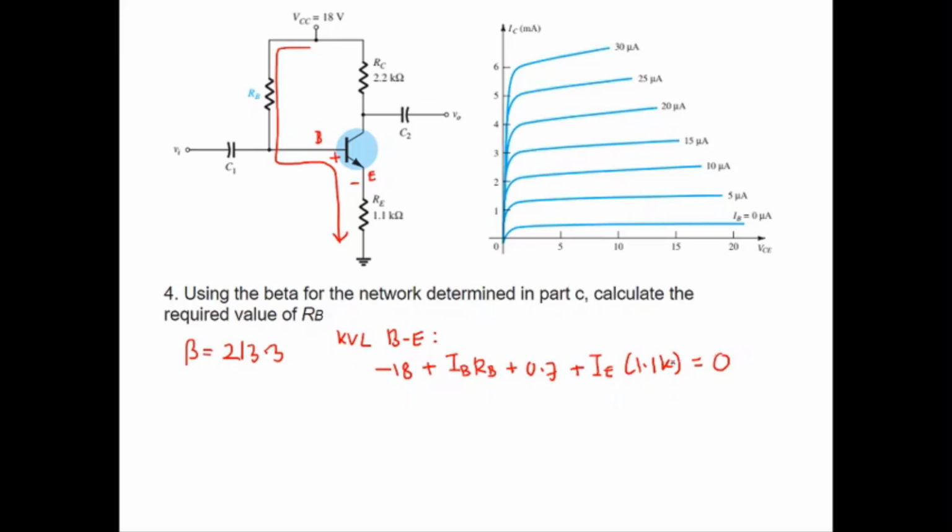Okay, so you may notice the IB here. What is IB? IB is given as 15 microampere or 0.015 milliampere.